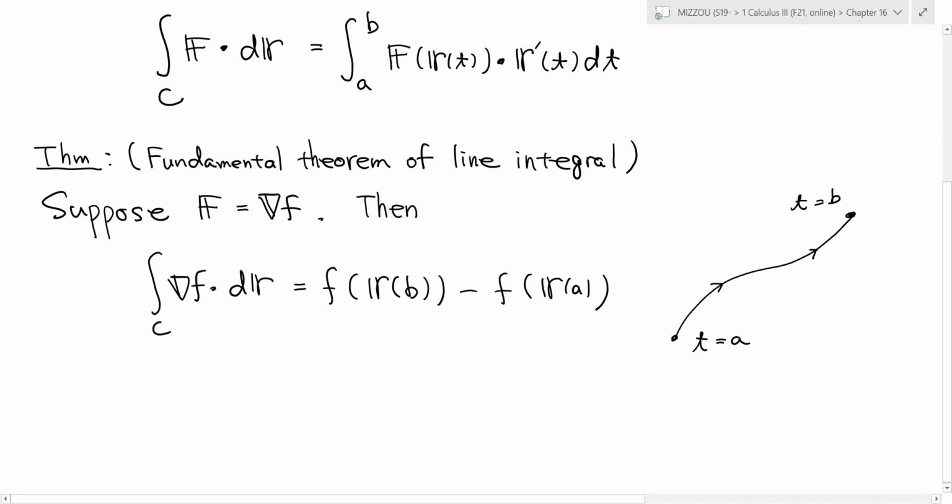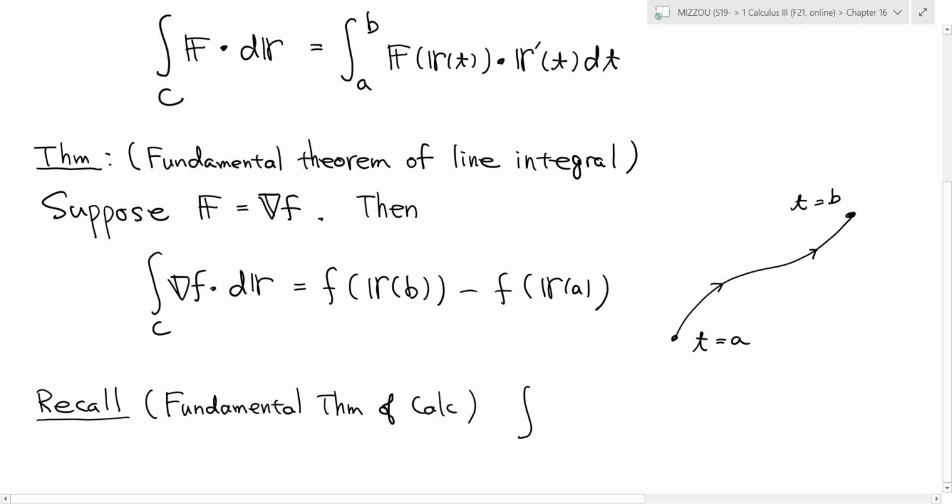Indeed, you must have seen the fundamental theorem of calculus in calculus 1. What was this? Well, this was like this, right?